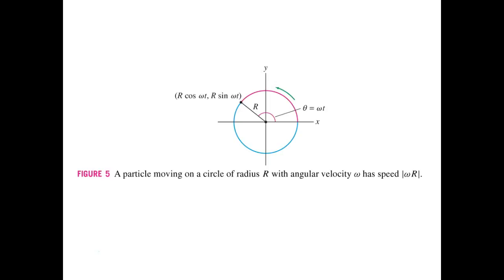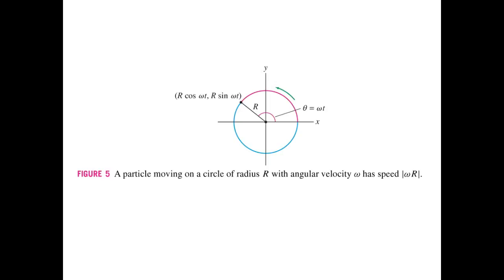Any questions? The velocity, okay, so moving along a circle with angular velocity omega, we said that, has a speed of absolute value omega r. Now, what does that come from?